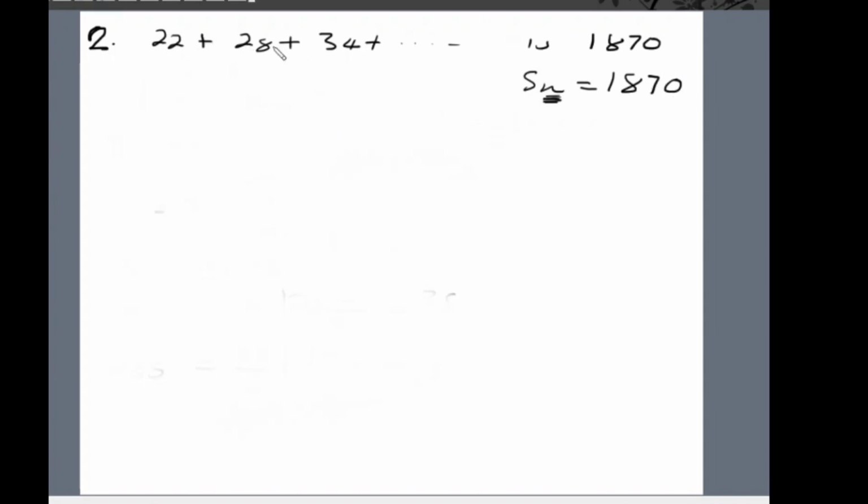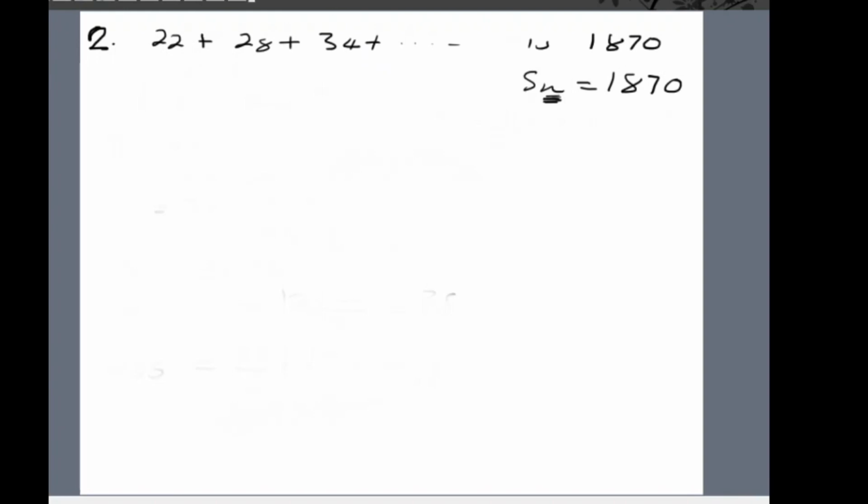How many terms did we sum to get 1870? To know which formula for Sn we will use, the geometric one or the arithmetic one, we must check whether this is a geometric or an arithmetic series, right?